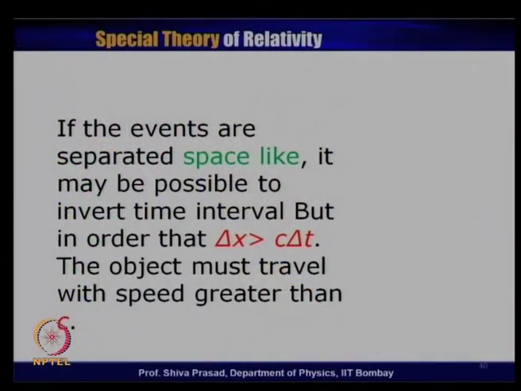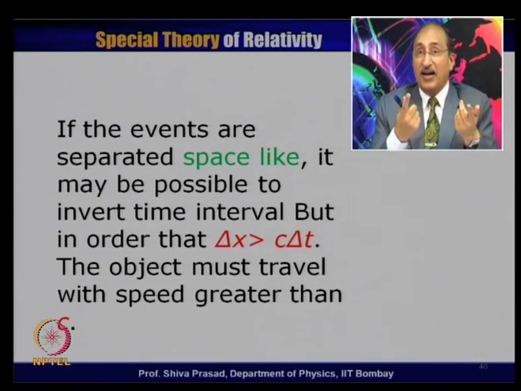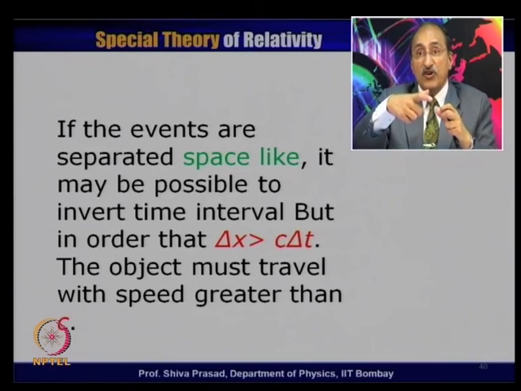Now, if the two related events are space-like events, only in that case is it possible to invert the time, to make delta t prime negative. But in order that events are space-like, delta x must be greater than c delta t. It means the distance between these two events must be larger than c delta t.